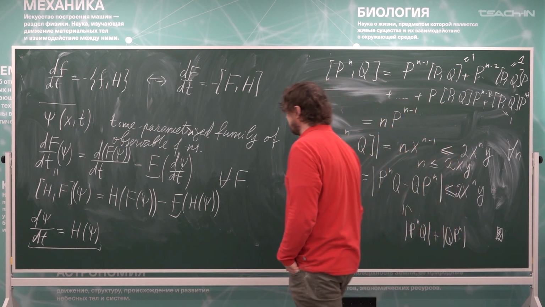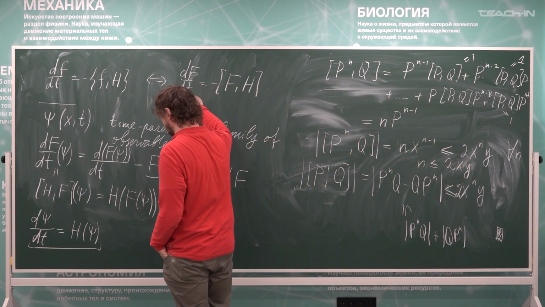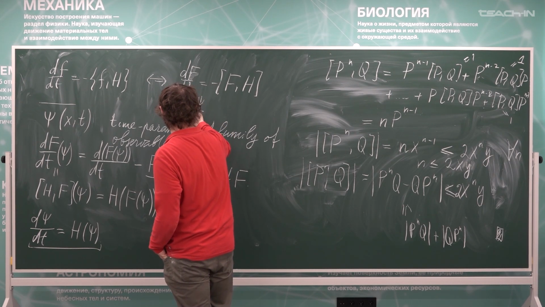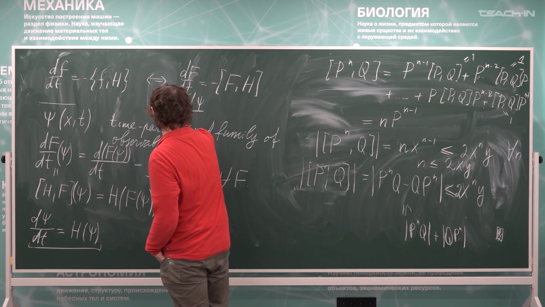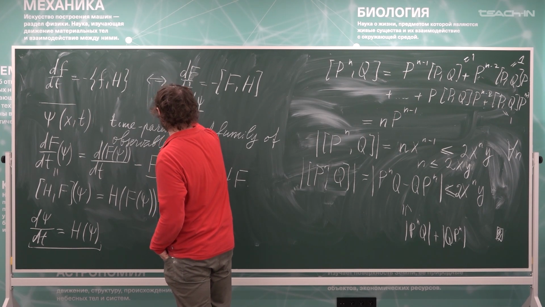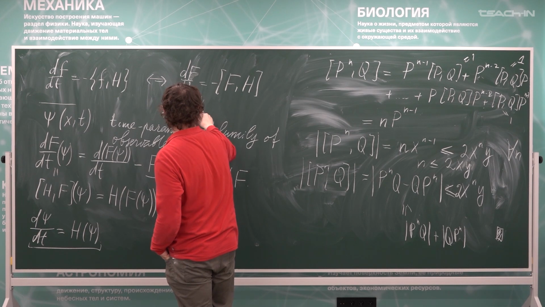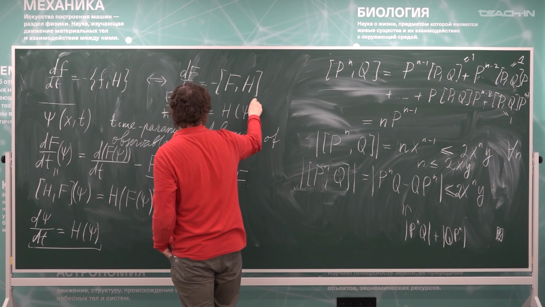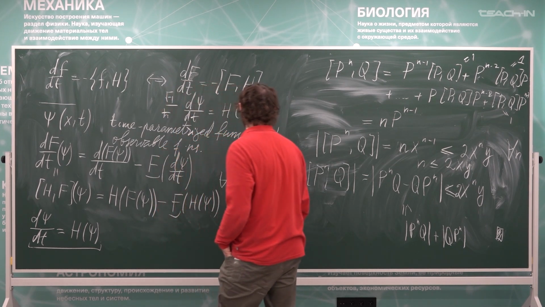Now this equation, up to the scalar factor on the right or on the left, which looks like 1 over h bar times square root of minus 1, d psi/dt equal to h of psi, is called the Schrödinger equation.